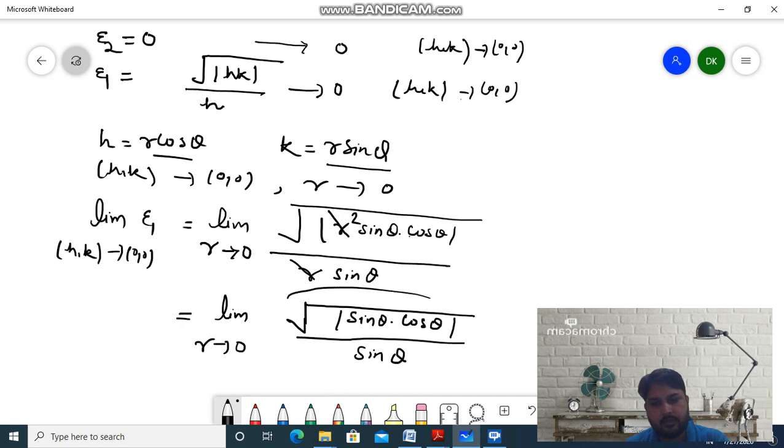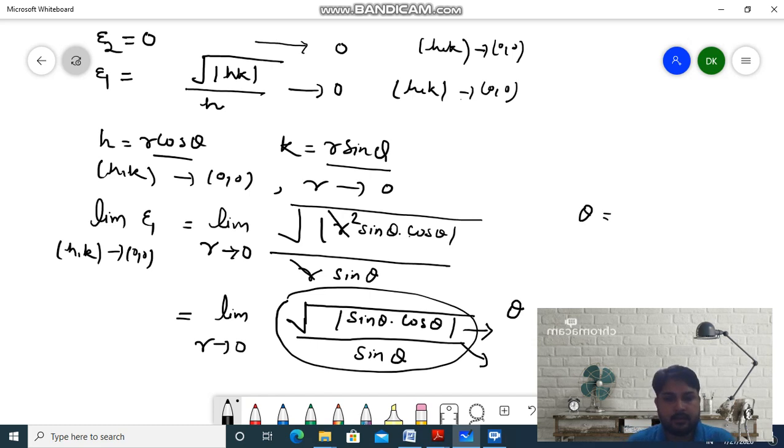Here we can see that this value does not depend on the value of r, it depends on the value of theta. So for different values of theta it gives us different values. Suppose we take theta equal to pi by 4, then sin pi by 4 and cos pi by 4 never tend to 0. This will tend to 0 only if at least sin theta is 0 or cos theta is 0.